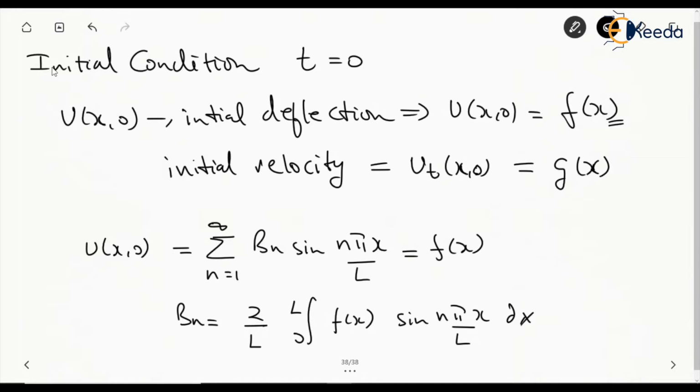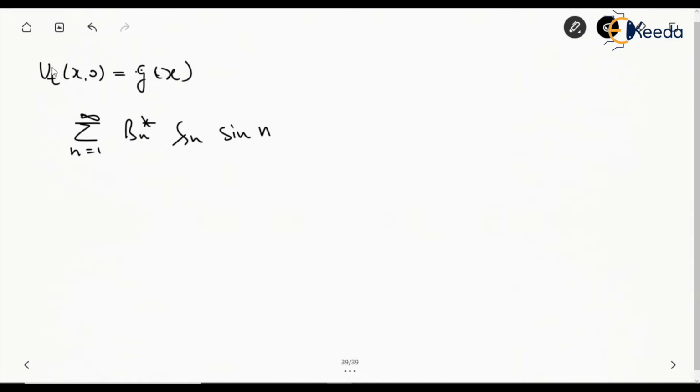Right? Then also for this u_t at (x,0) given by g(x), I'm just directly coming to it, we will get the summation of n equal to 1 to infinity b_n star lambda_n sin(n pi x by L) equal to g of x. This is initial velocity.